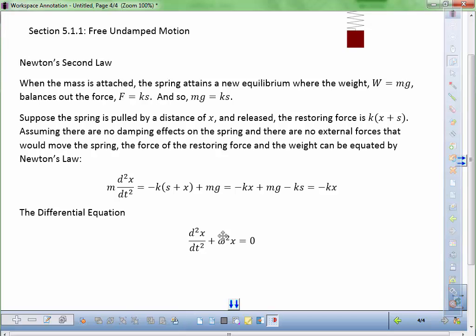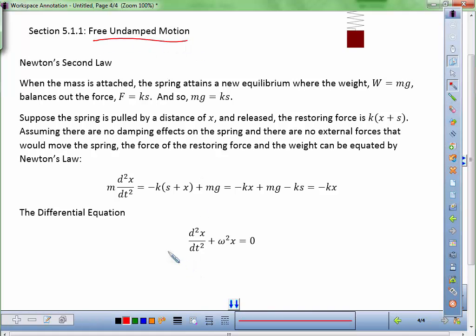So your differential equation would look like this. This is for an undamped motion. And then all that's left to figure out is what your spring constant is to be able to help us solve for this.